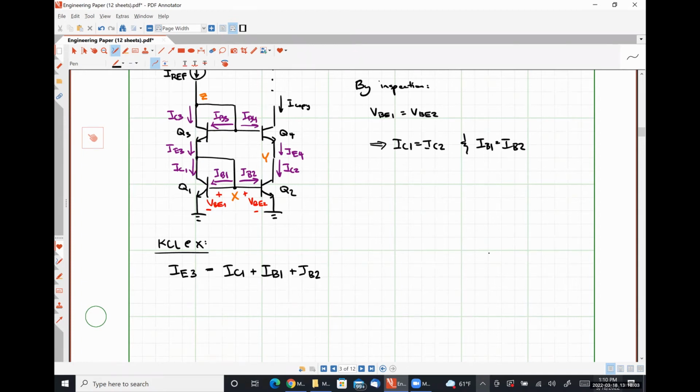Because we know that IB1 is just beta times smaller than IC1. IB2 is beta times smaller than IC2. And IC1 and IC2 have to be the same because those transistors Q1 and Q2 have the same base emitter voltages. So IC1 times beta plus 2 over beta is what IE3 looks like. Are we okay there?